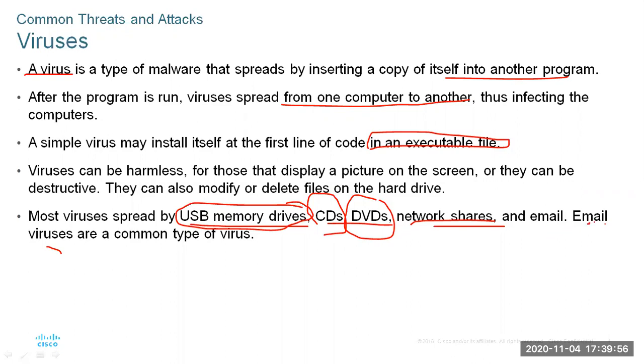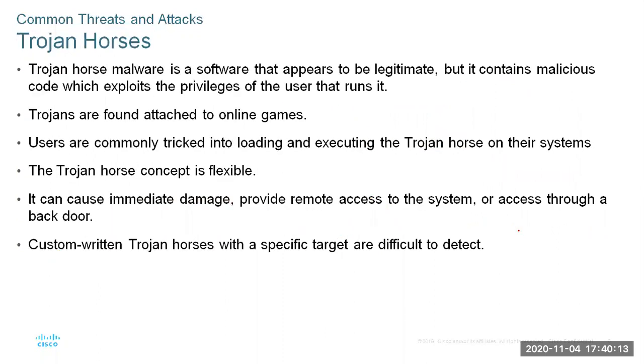Emails also, when you open emails from senders you are not sure of, or somebody decides to send you a virus but tags it with a different file without you knowing. So that's basically a virus. It got its name because of the mode of transmission and the target of how it goes about.